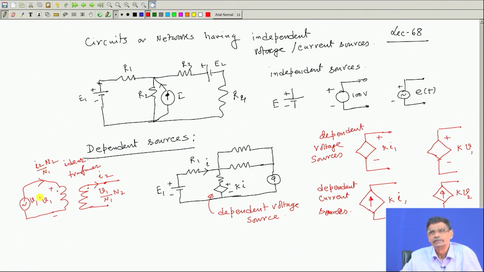Similarly, there may be situations, for example, a common emitter transistor operating in the active region, where the collector current is beta times the base current. For example, you have a circuit like this.